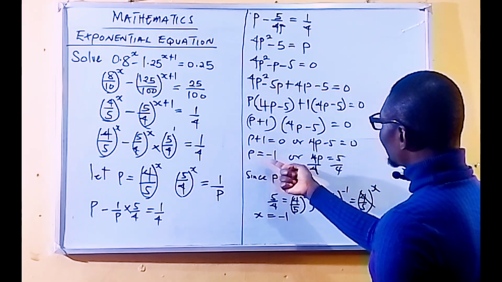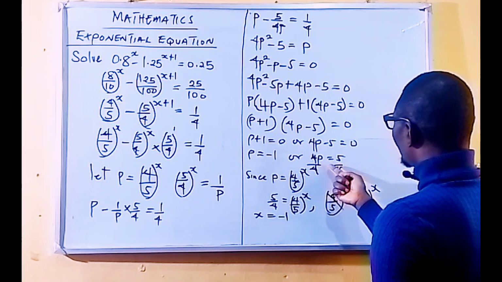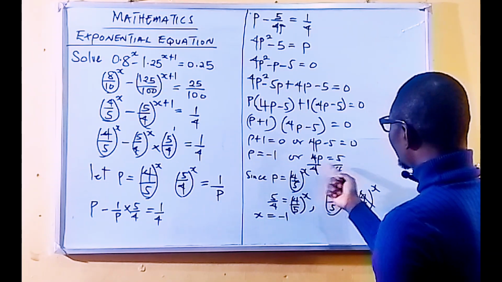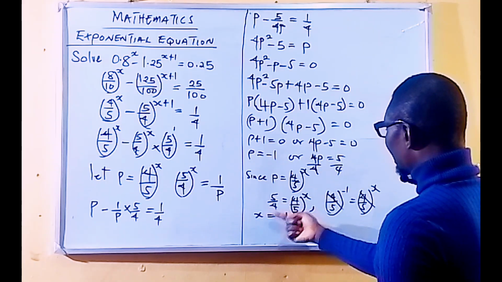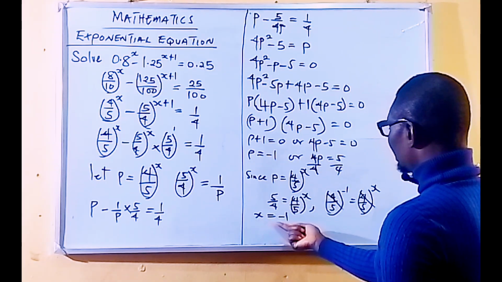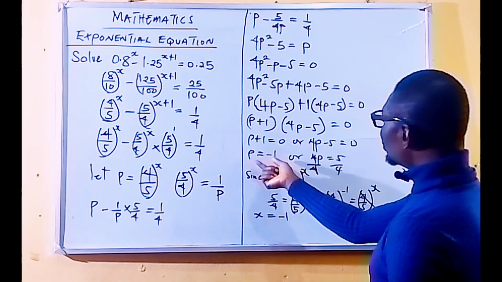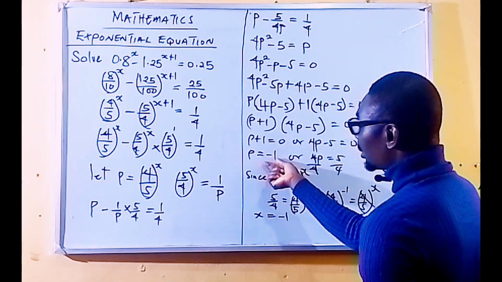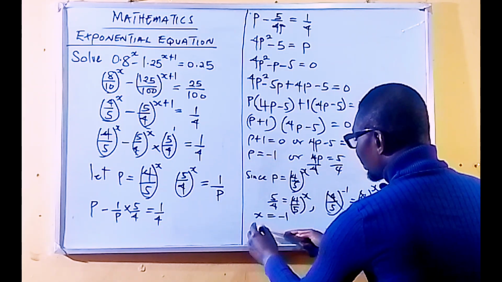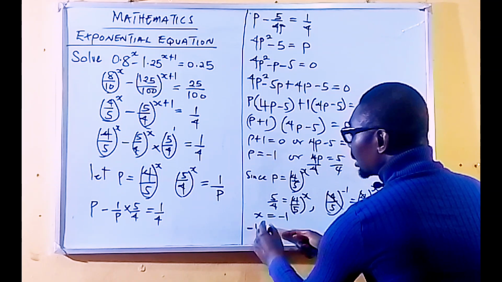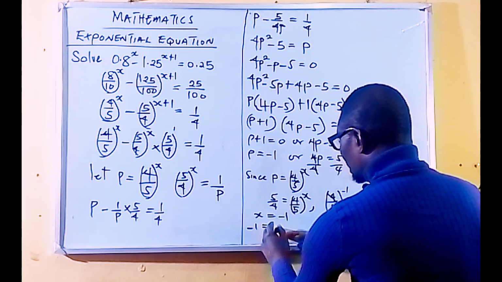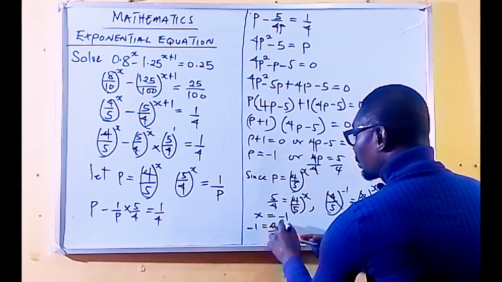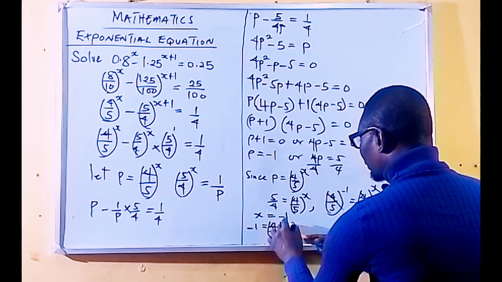Now, we have two answers from factorizing this equation: p is equal to minus 1, or p is equal to 5 over 4. We used p equal to 5 over 4 here, and we got x to be minus 1. Now, if p is equal to minus 1, then minus 1 is equal to 4 over 5 raised to the power of x.